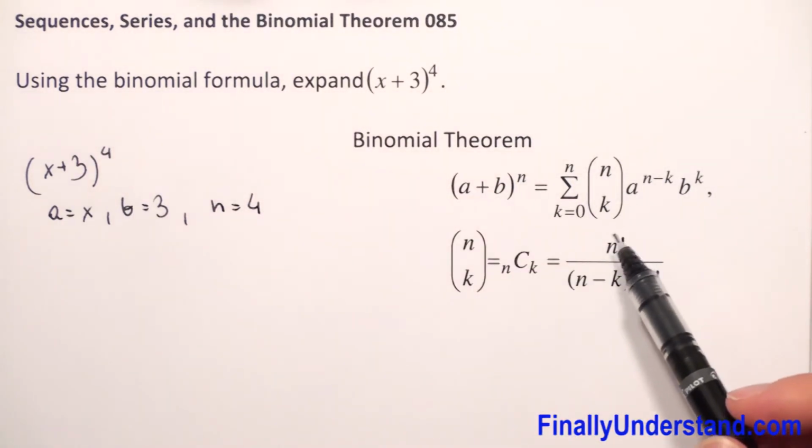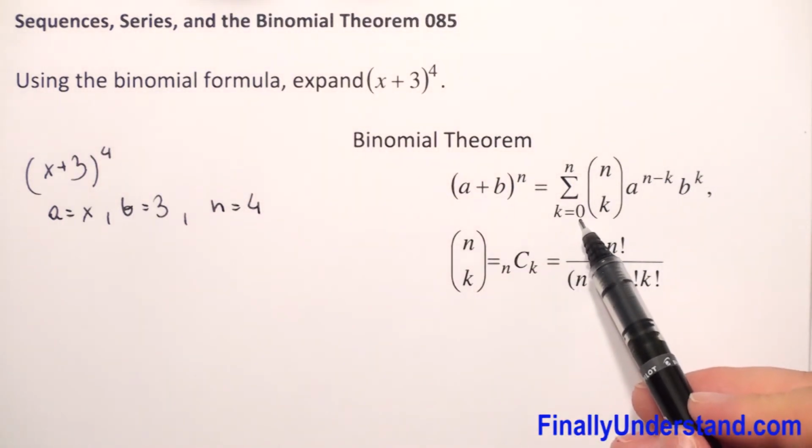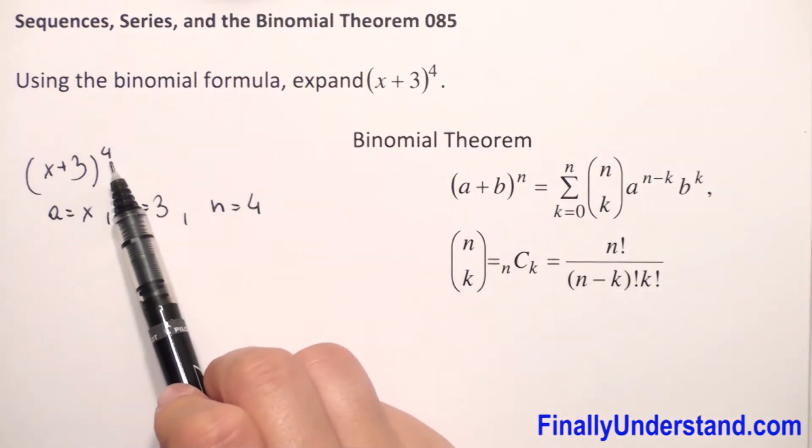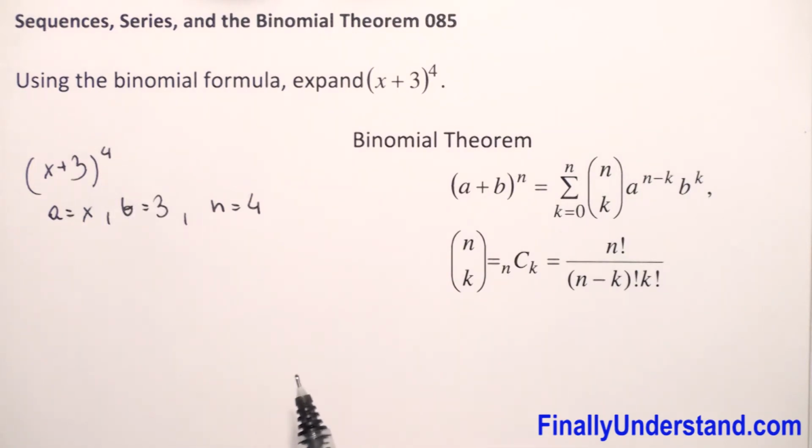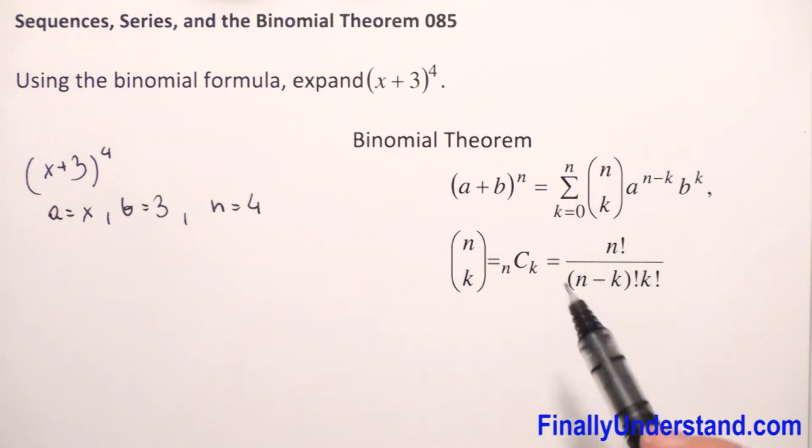Next, this sum starts from 0. Because the sum starts from 0, we will always have one more term than the exponent. When the exponent is 4, we will have 5 terms. When the exponent is 7, we will have 8 terms, and so on.